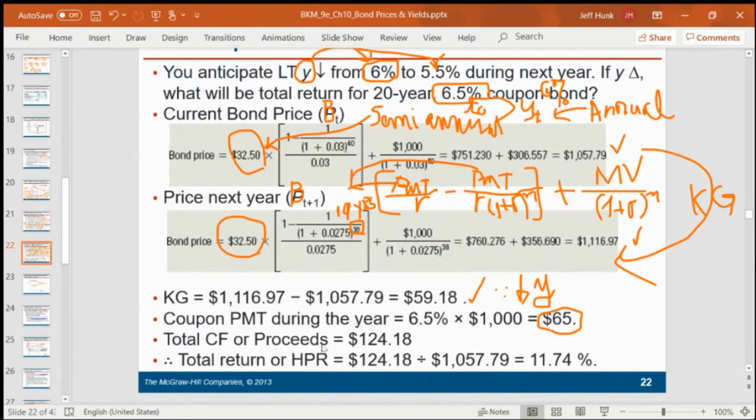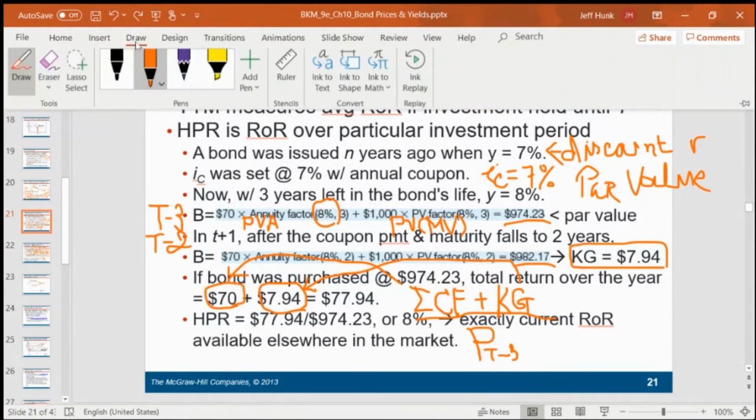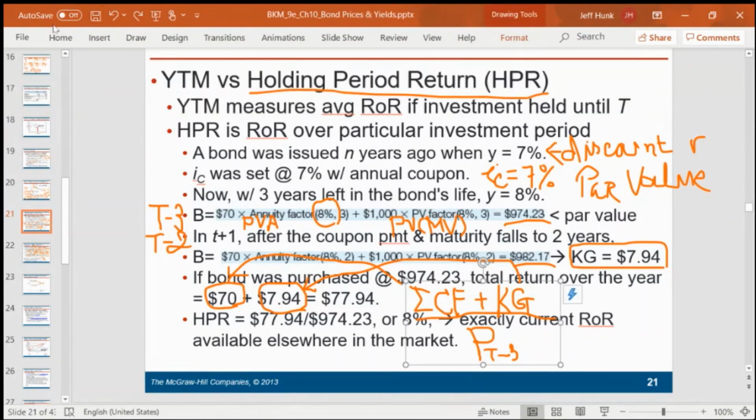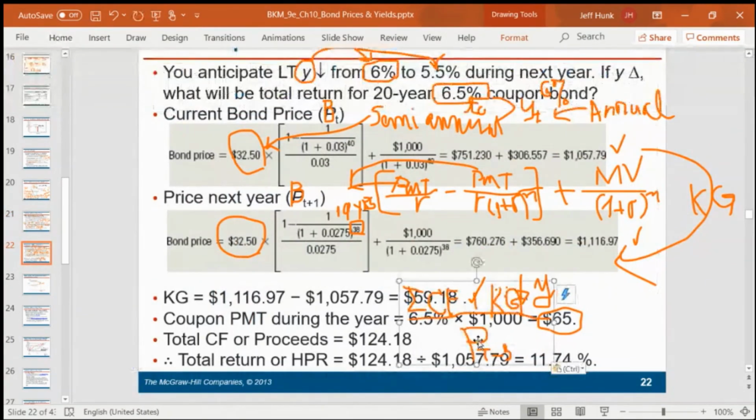So the total cash flow or proceeds from this bond, if you sold it after time t plus 1, is the numerator part in the holding period return formula. Let's see if I can copy this formula.